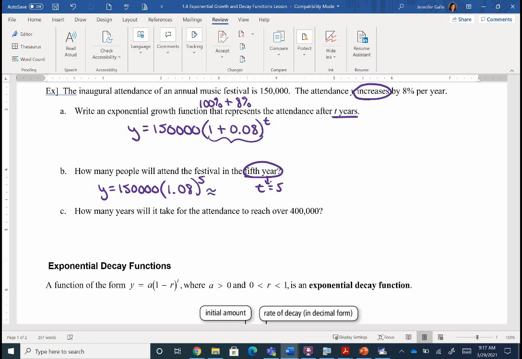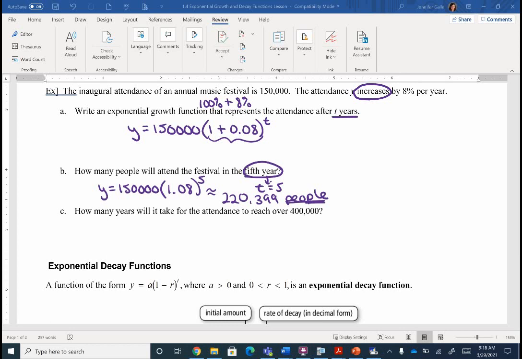So we have approximately 220,399, and it's going to be people. Make sure we're doing application, so make sure that we are labeling.